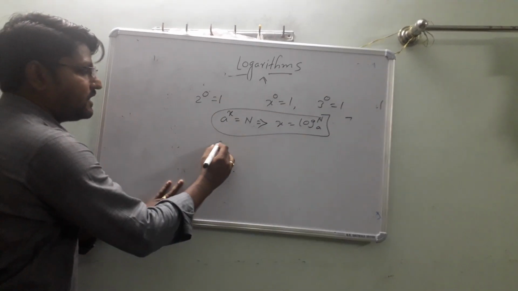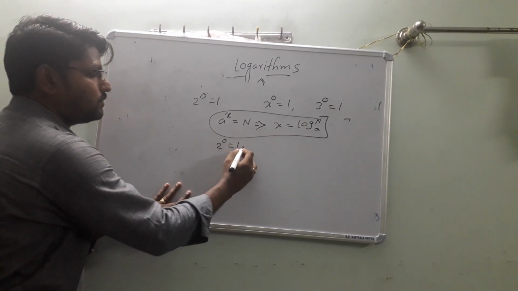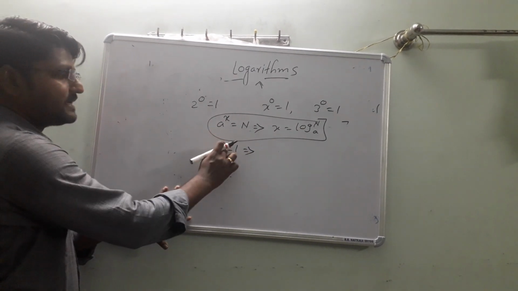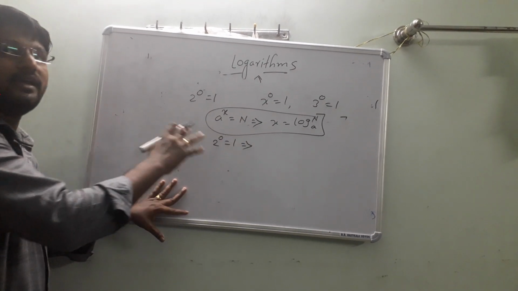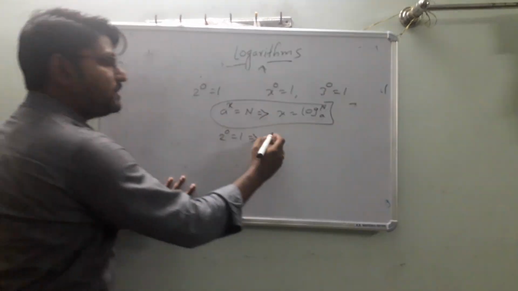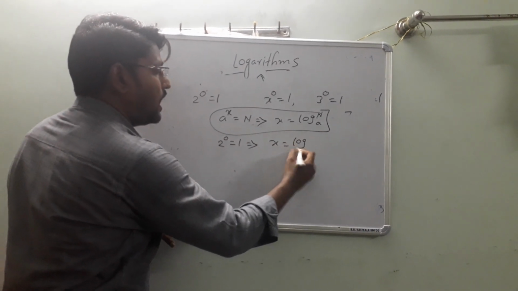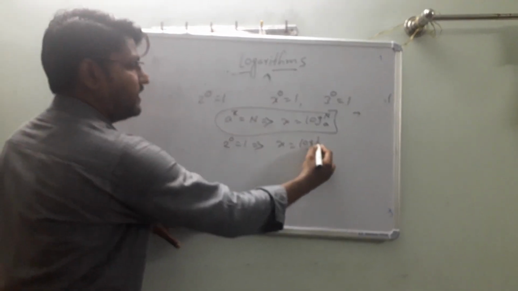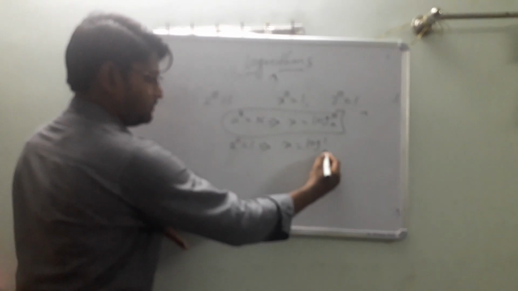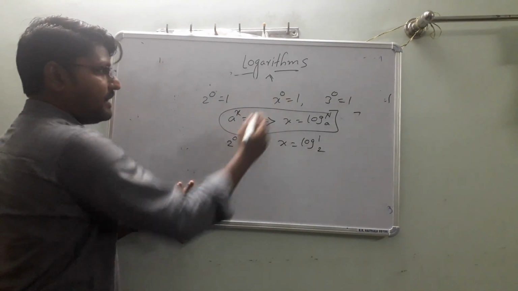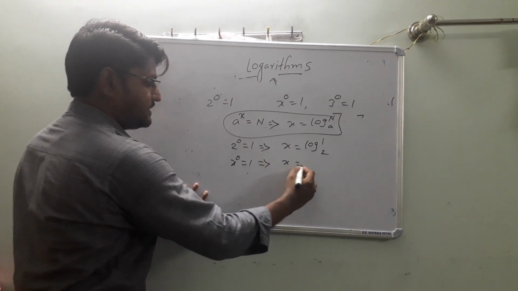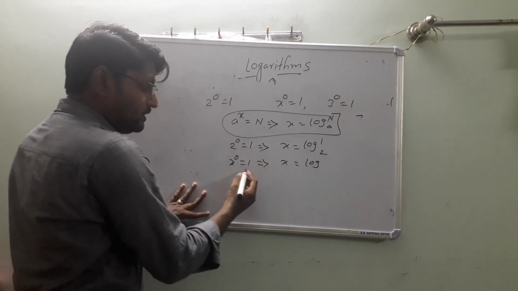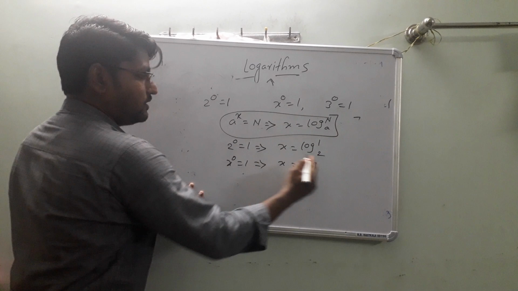So observe here, compare here, 2 power 0 is equal to 1. So what is the x value? 0. What is the a value? 2. What is the n value? 1. Already we know the x, n and a values. Substitute here, x is equal to log, what is the n value? 1. What is the a value? 2. And same as x power 0 is equal to 1. What is the n value here? 1.